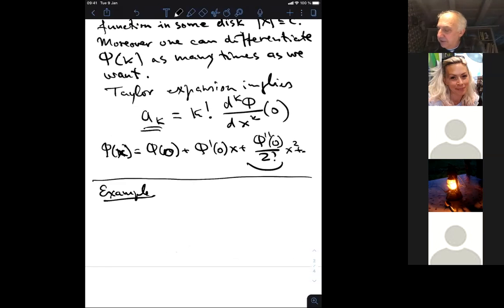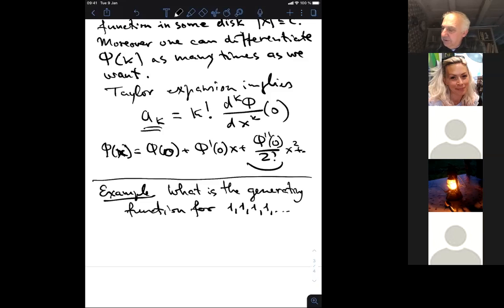What is the generating function for the sequence of ones? 1, 1, 1, and so on. So we even have 1 at the 0th place. So this is k equals 0, k equals 1, k equals 2. In other words, our phi of x in this case would be 1 plus x plus x squared plus x cubed plus and so on.